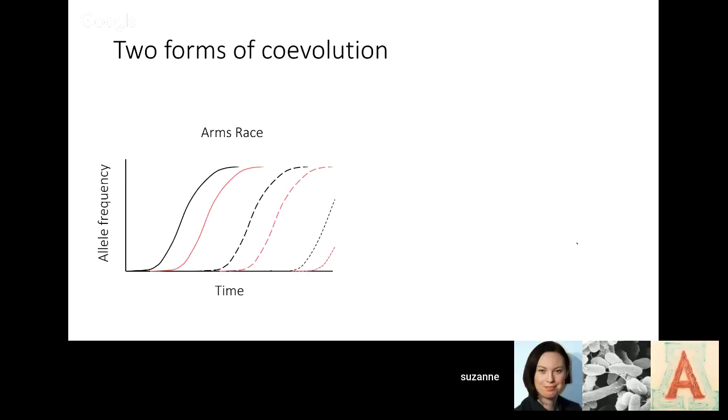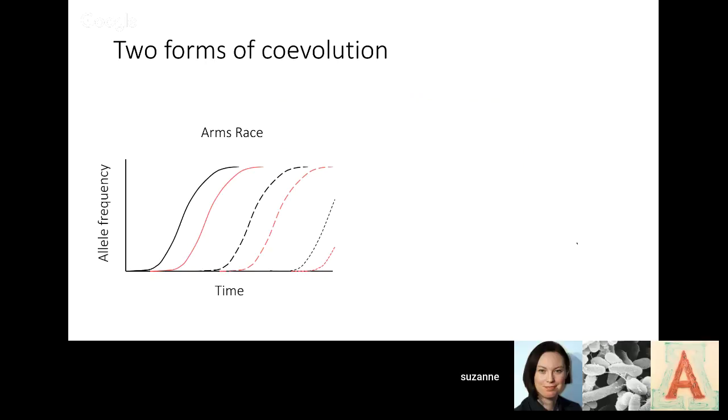arms race dynamics. This is basically where selection favors generally beneficial traits. So say you've got a trait that is beneficial and increases your ability to infect a wide range of hosts, then it's going to spread to fixation.